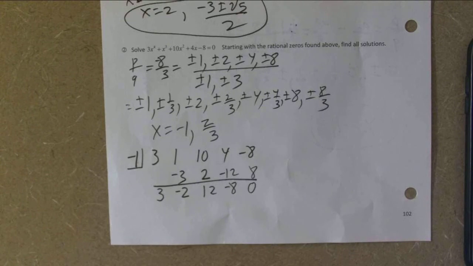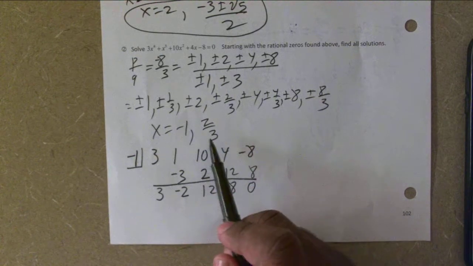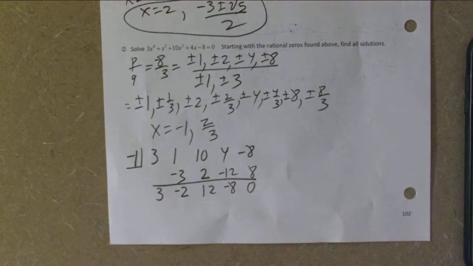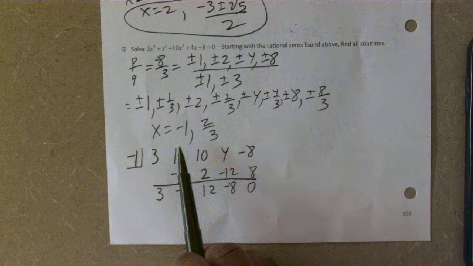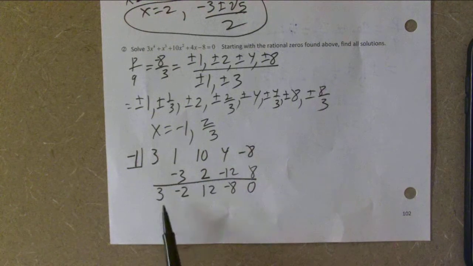And then remember, we have these two values here, correct? So wouldn't that give us a degree of 5? Because wouldn't this be x plus 1 and x minus 2/3? And then this would be 3x to the third. Wouldn't that give us an x to the 5th power? Yes? No? Maybe so?